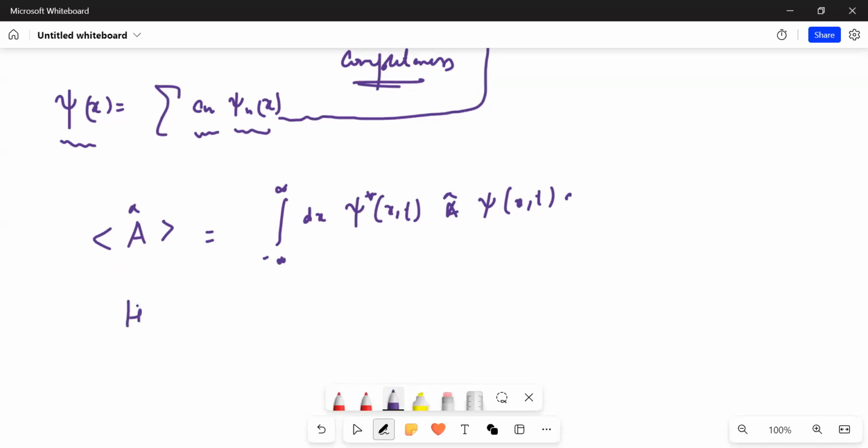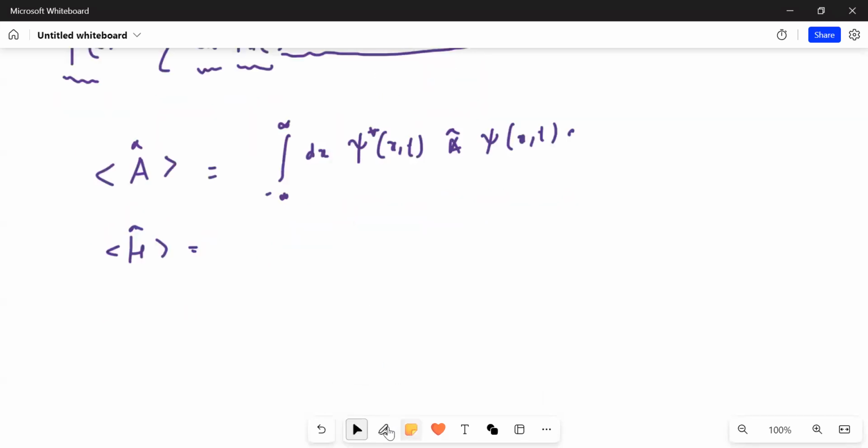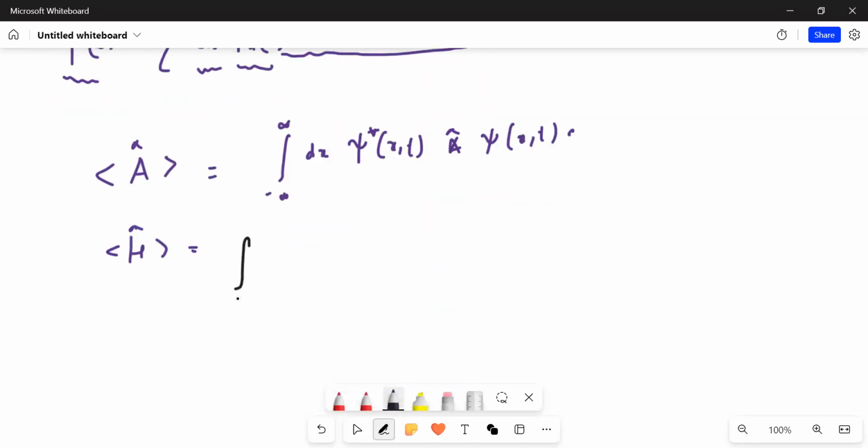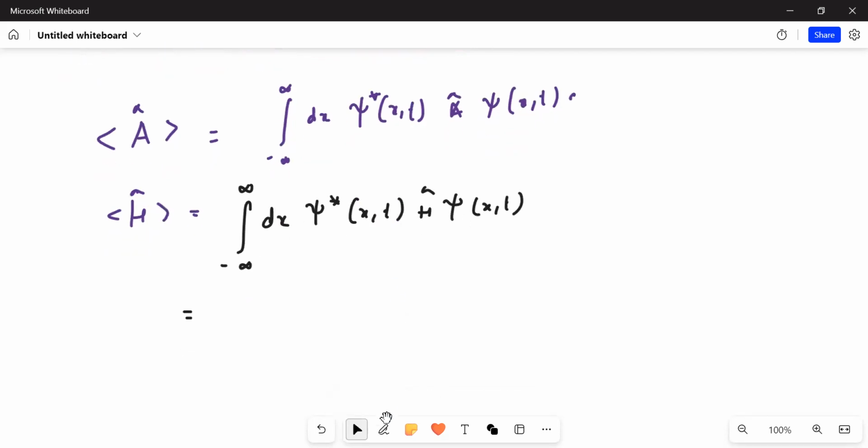Now, if I find the expectation value of the Hamiltonian operator, it would be simply equal to the integral from minus infinity to plus infinity dx psi star x comma t, H cap, psi x comma t. And what am I going to get?